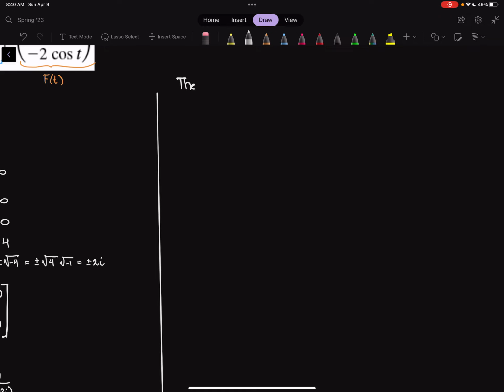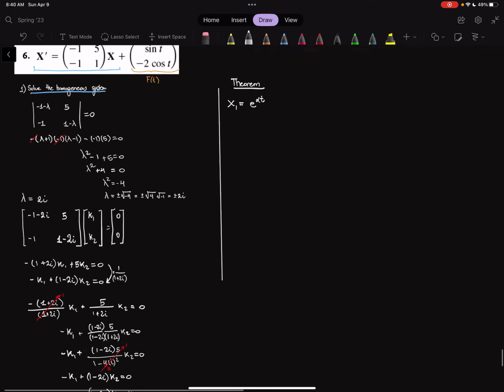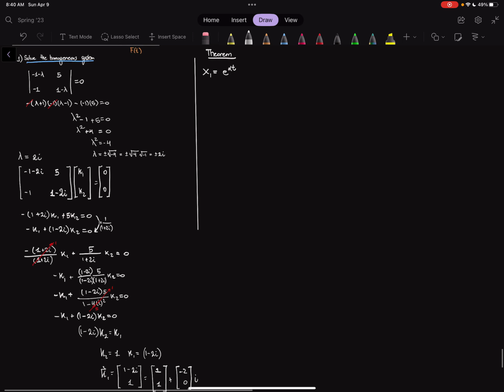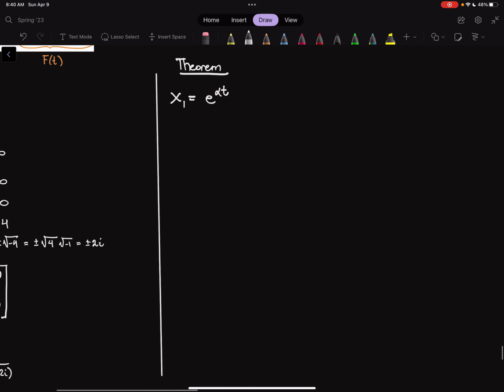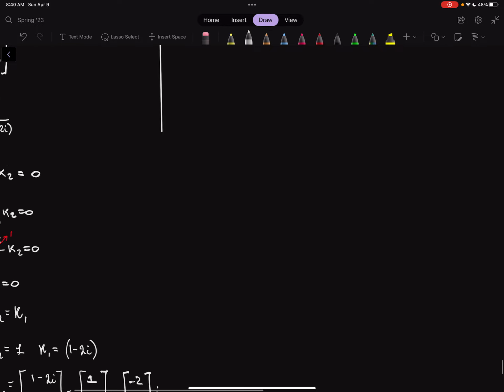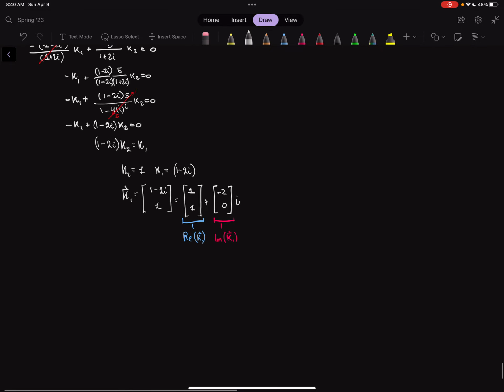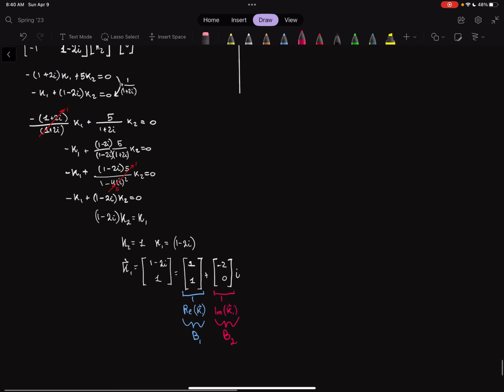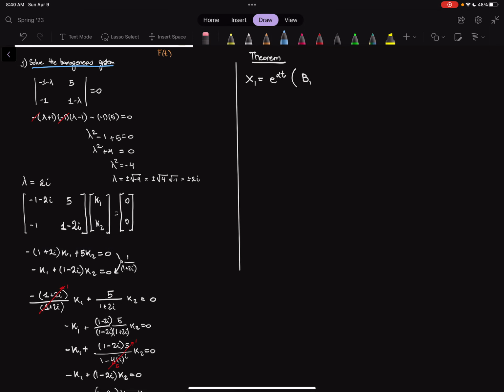So this theorem says that you can write x1 as e to the alpha t, where alpha is the real part of your eigenvalue, in this case 0, times b1. We'll call this b1 and this b2, where b1 is the real part of your eigenvector.